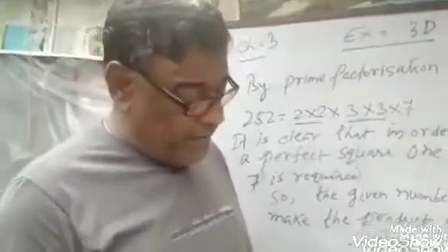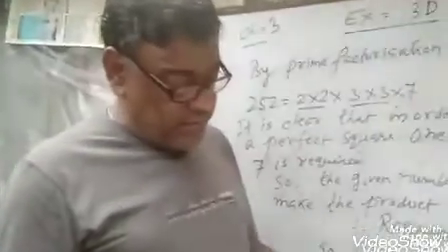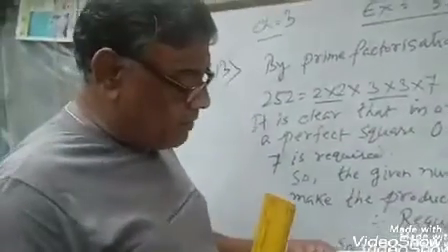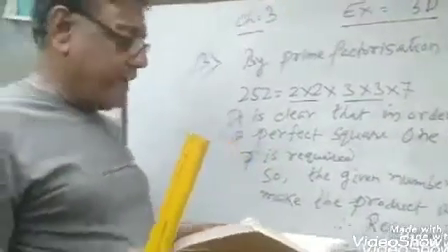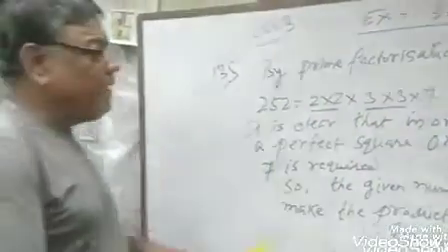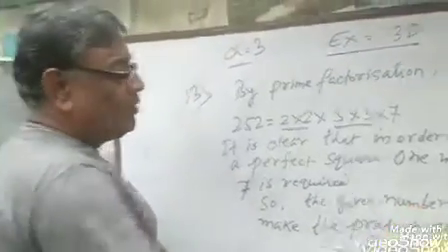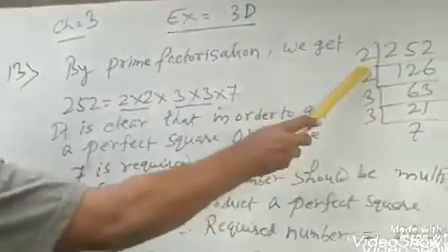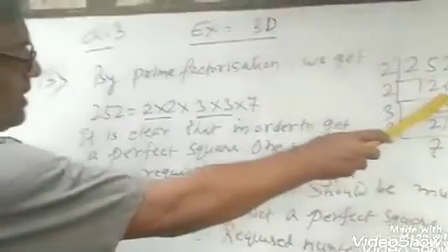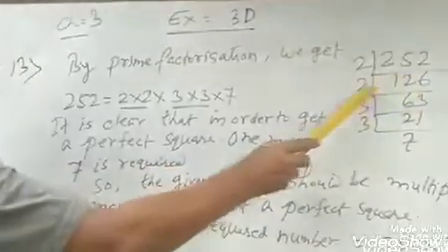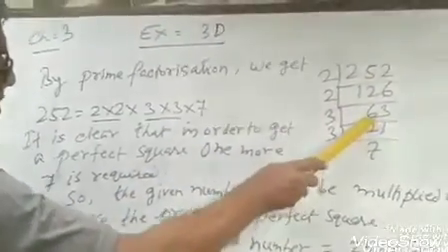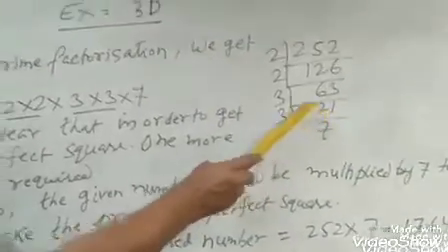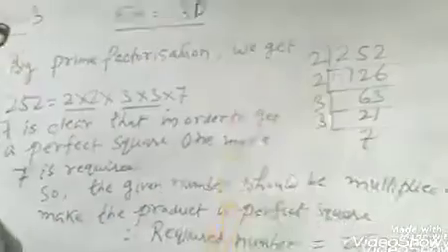Question number 13. Find the smallest number by which 252 must be multiplied to get a perfect square. Also, find the square root of the perfect square so obtained. Now, by prime factorization method, we get 252. 252 divided by 2, we get quotient 126. Next 126 divided by 2, quotient is 63. Next 63 divided by 3, quotient is 21, and 21 divided by 3, quotient is 7.